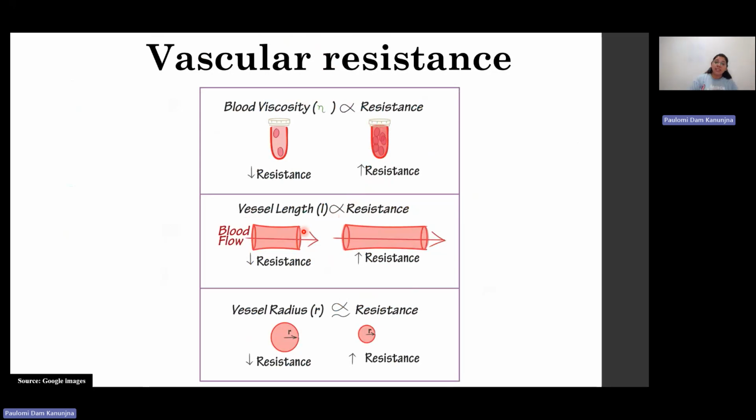But blood vessel radius is inversely affecting the resistance. For example, if your vessel radius is big, your resistance is very low because you have more blood flow that can easily pass as compared to a smaller blood vessel which can give more pressure, and the blood flow will be slower. So these two slides are talking about how blood flow is regulated by different parameters, right?